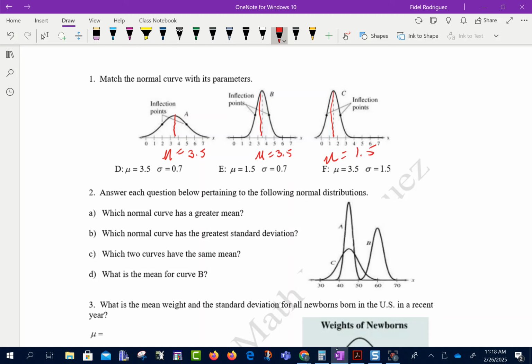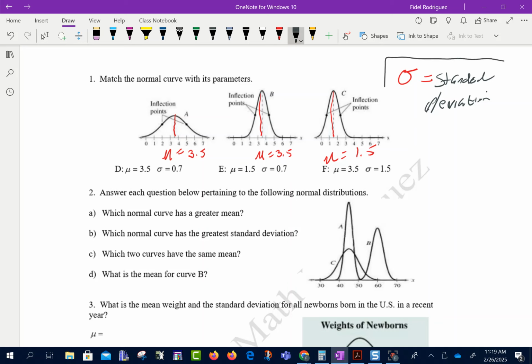Now, the second thing we're going to talk about, y'all, is our sigma or our standard deviation. Okay. So let me write this out. Standard deviation. Okay. The standard deviation, y'all, describes the spread.